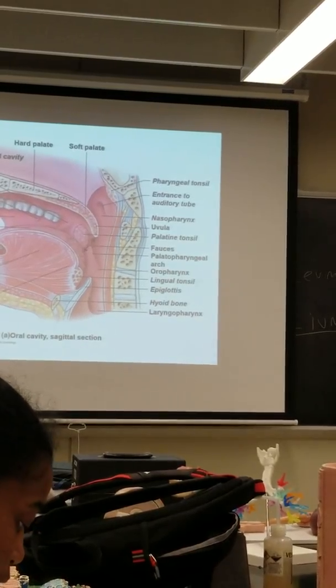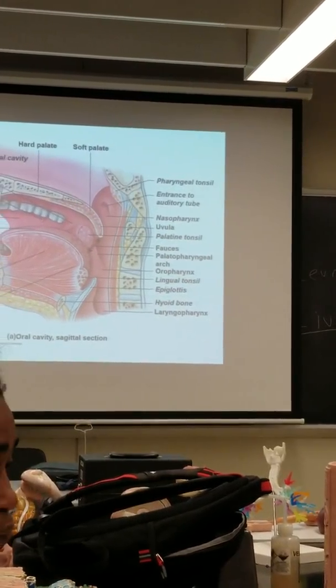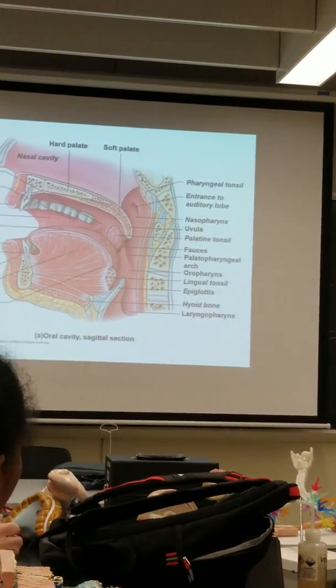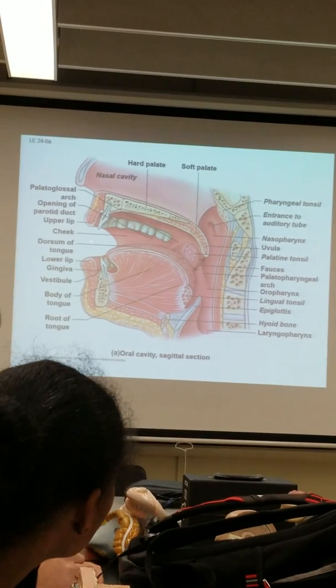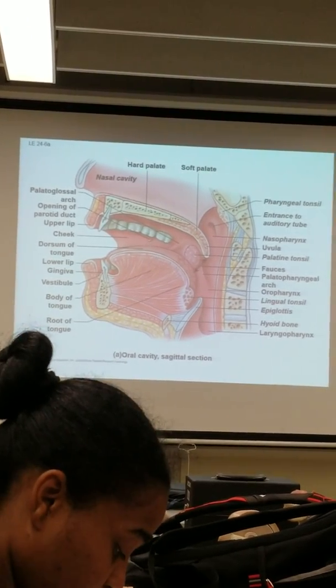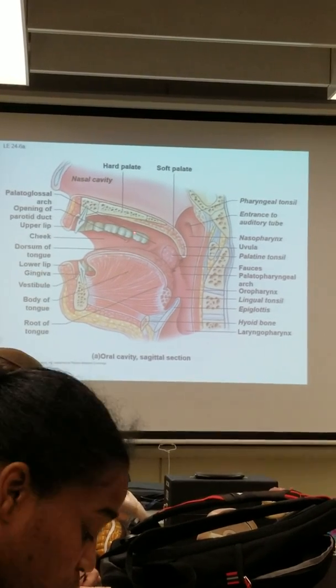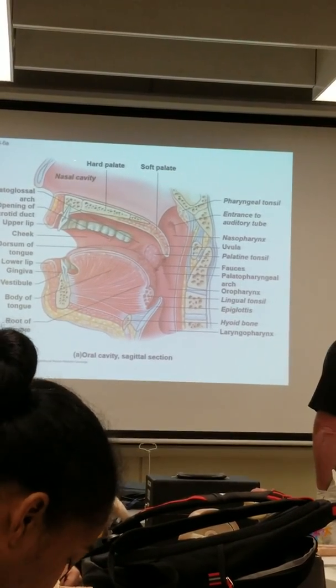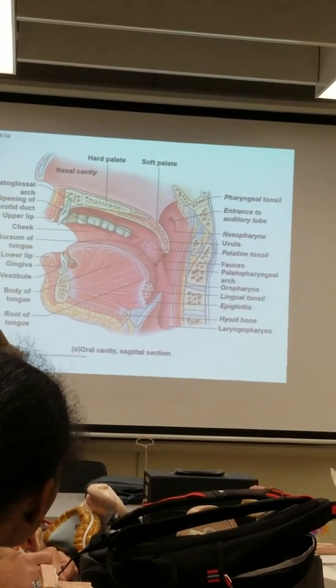Okay, so guys, we're going to start right here. What picture are we on right now? The digestive system, guys, 576. Of course, what cavity is this? Oral cavity. You also need to know the boundary between the oral cavity and the nasal cavity is going to be the hard and soft what?